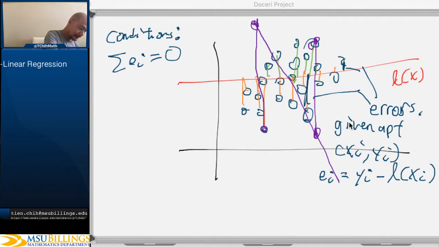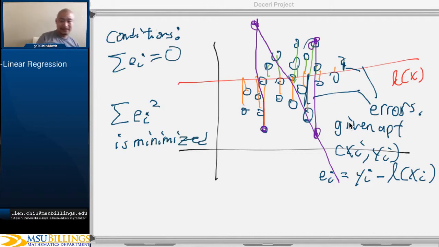So that leads us to our second condition, which is that the sum of the errors squared is minimized. And you want that to happen because whether or not the errors are positive or negative, once we square them, those values are now positive.